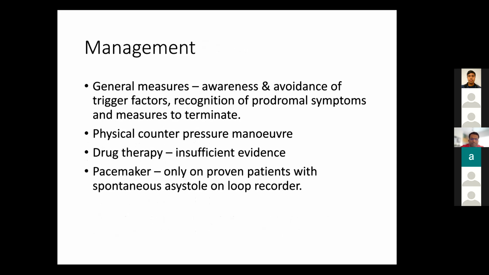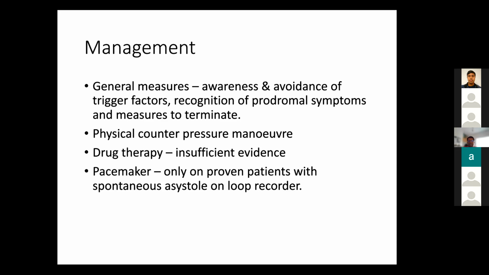So management depends on what we found in our initial evaluation and what we are diagnosing here. Is it secondary to a cause, or is no cause found? In general, if they have any of the 3 Ps, the prodromal symptoms, or any provoking factors, you can identify them.